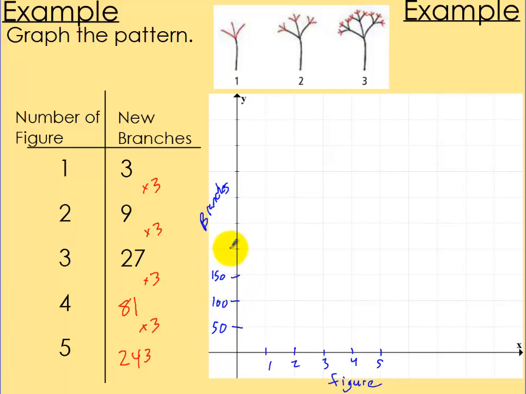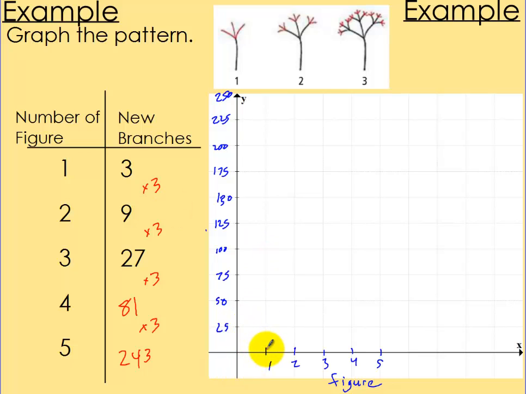You know what? Let's not even do 50. Let's do 25. That might be a little better. So 25, 50, 75, 100, 125, 150, 175, 200, 225, and this is going to be 250. Just enough. So let's plot those points.